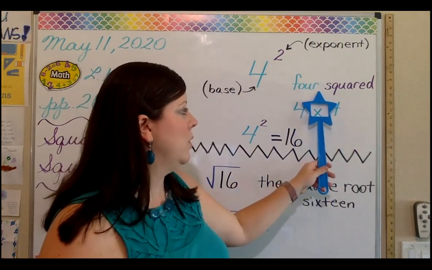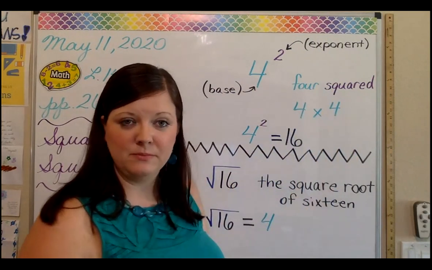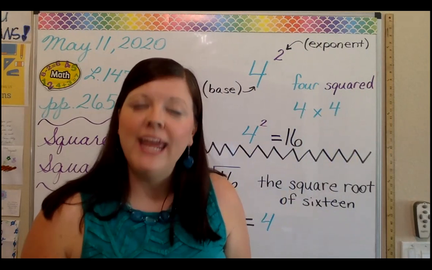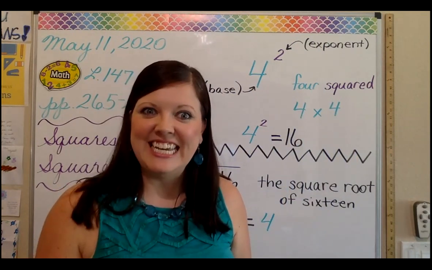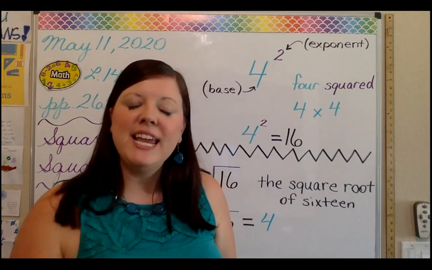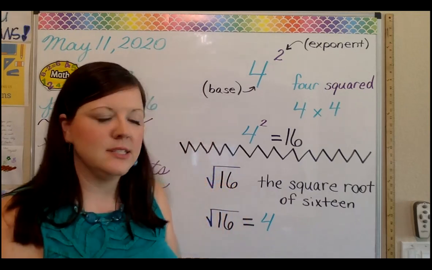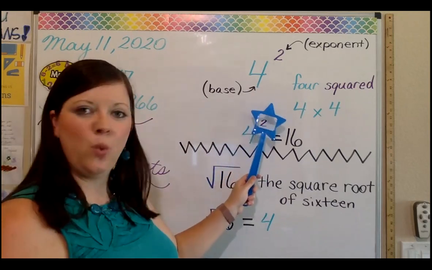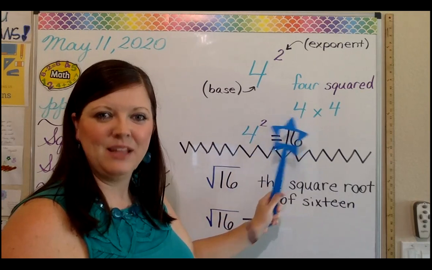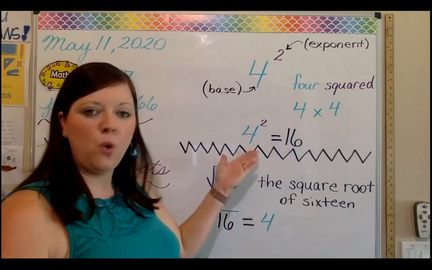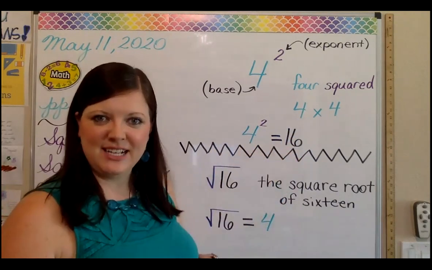That's very important. We're multiplying them together. Students, what is 4 times 4? 16. That's right. So I could say the problem like this. 4 squared is equal to 16. Let's read that together. 4 squared equals 16.